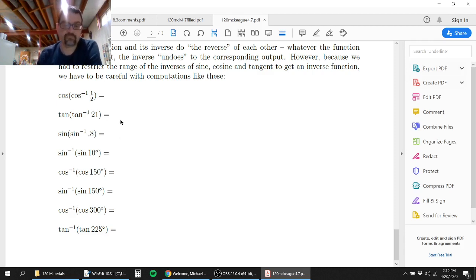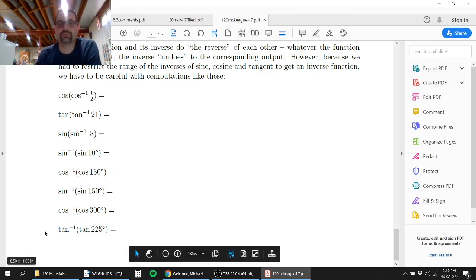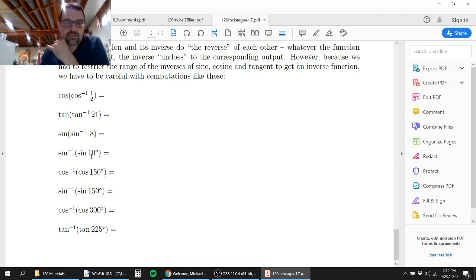Okay. Now, turning these guys around a little bit. One little tricky thing kind of pops up here. Sine of 10 degrees, all right, is some number. Your calculator can tell you what it is. The inverse sine of the sine of 10 degrees, so inverse sine is trying to give you the angle whose sine is the sine of 10 degrees.